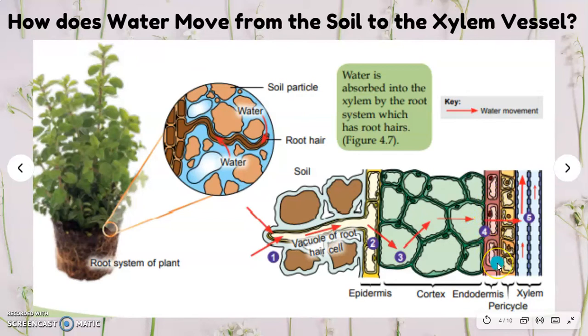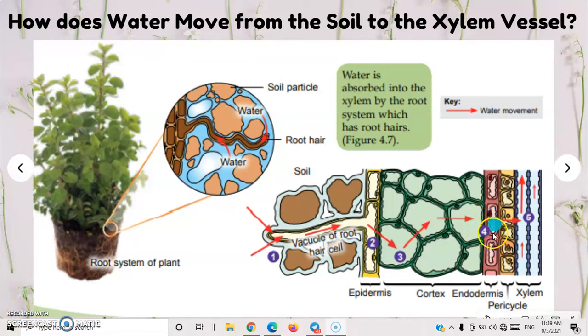So what is this? This is referred to the endodermis and pericycle here. Osmosis continuously occurs throughout the cortex, endodermis, and pericycle layer, and then the water will enter into the xylem vessels.